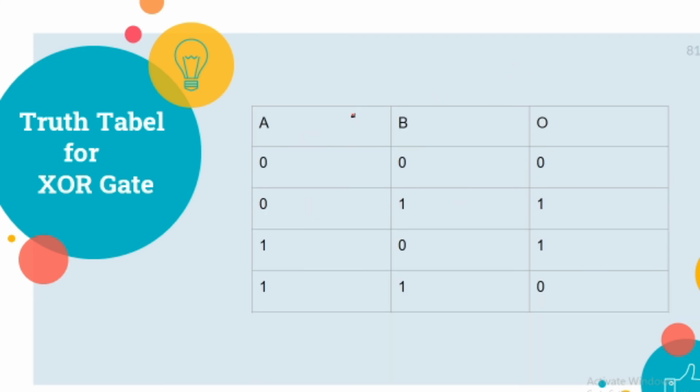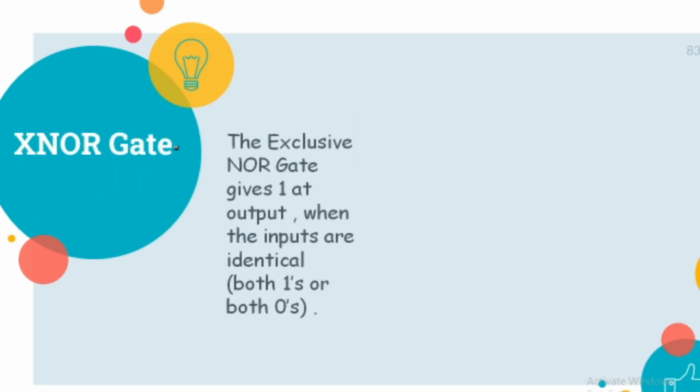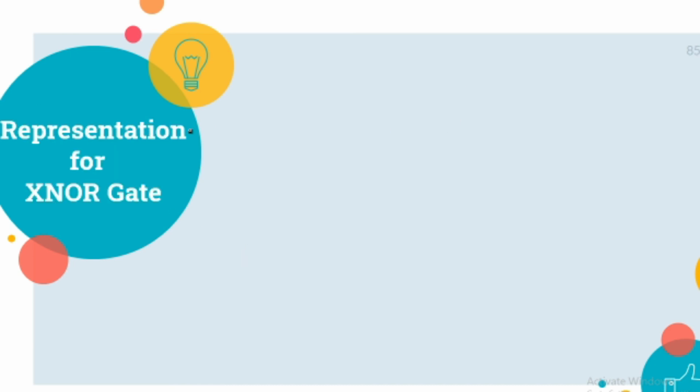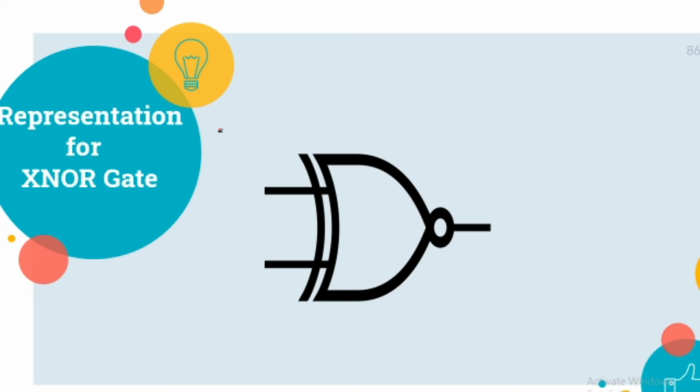Now we are going to discuss the XNOR gate. Basically, in case of the exclusive NOR gate, if both of the inputs are the same, in that case our output will be high, otherwise it will be low. Now let's discuss its representation. This is the representation for our XNOR gate.